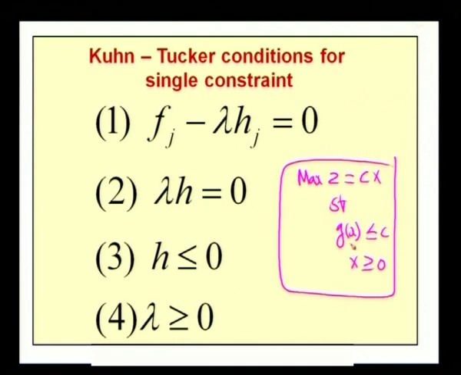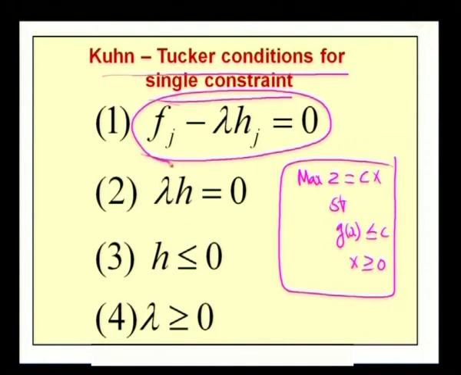The necessary condition to solve this problem is called the Kuhn-Tucker condition. The Kuhn-Tucker condition for a single constraint is, the first condition is fj minus lambda hj equal to 0. That means dou f by dou x1 minus lambda into dou h by dou x1 equal to 0.